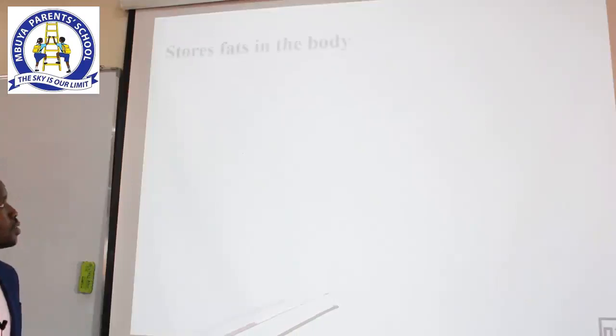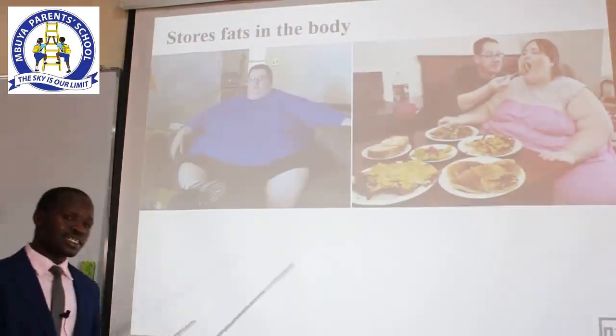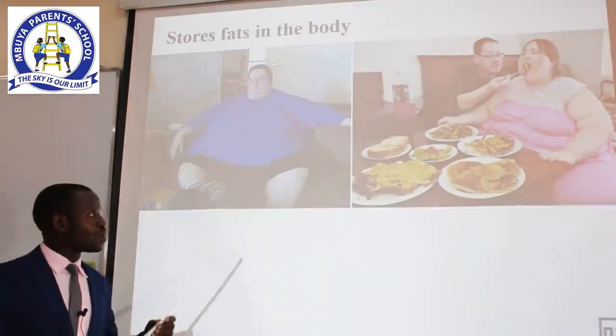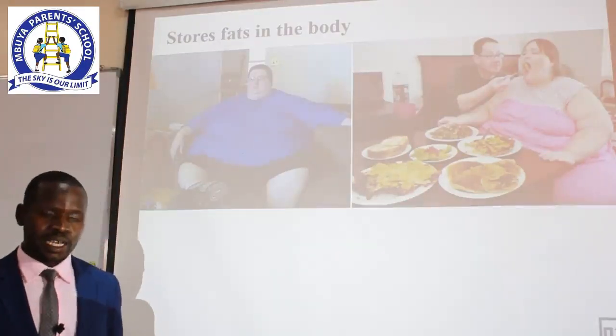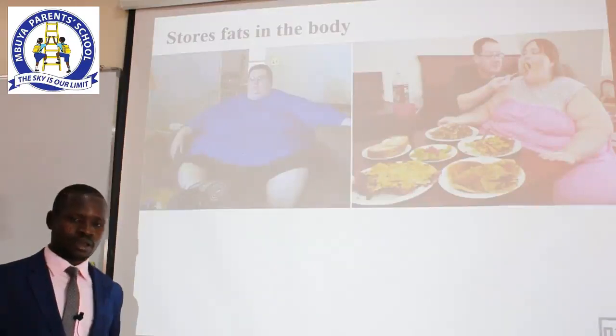We have also looked at the storage of fats. So in this picture, you realize that these people are really fat. So why are they fat? The skin has stored some fats under it. And these fats are very important in our bodies.